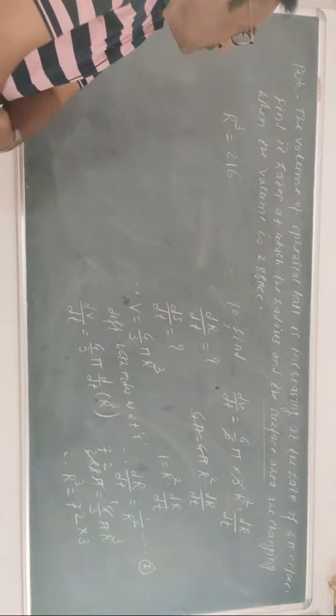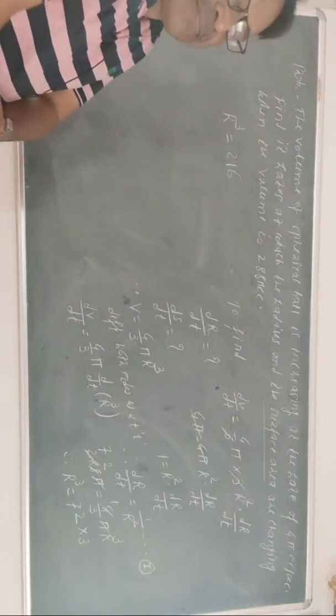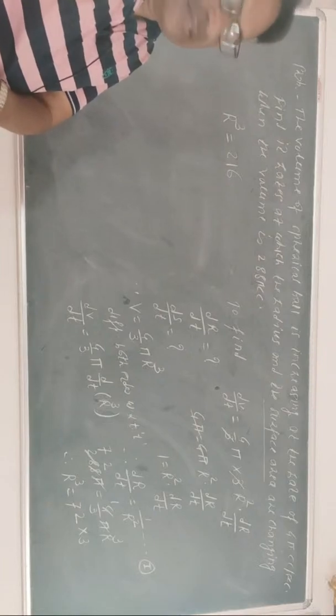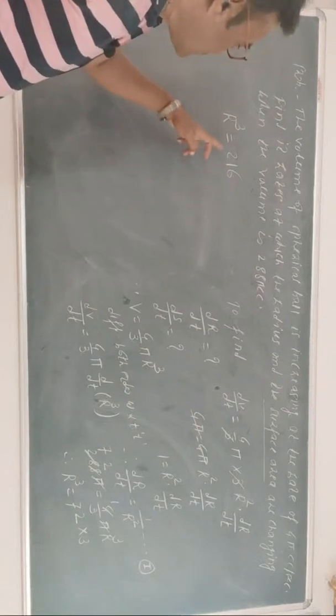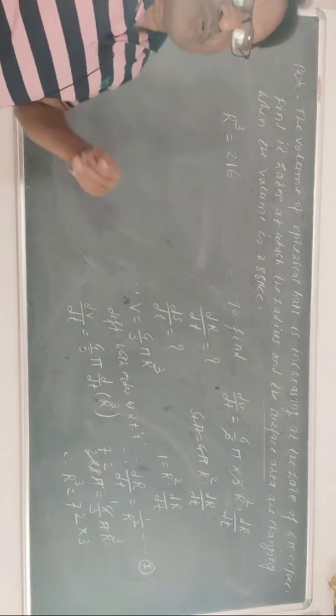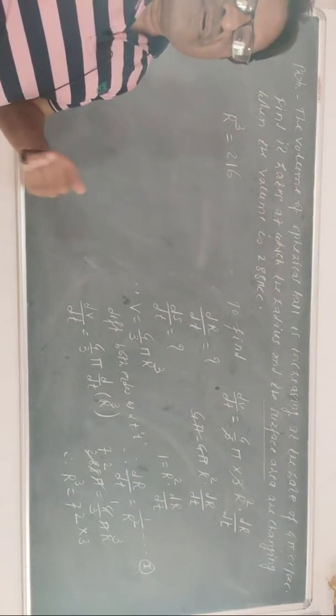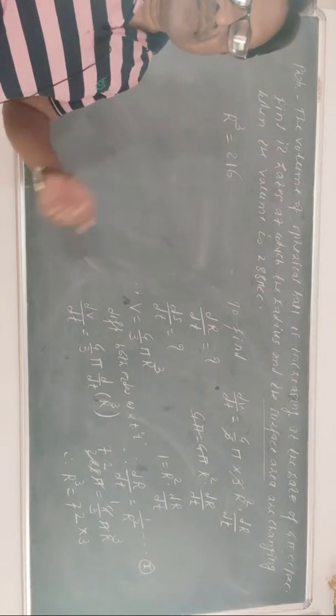Therefore r cube is equal to 216, and from this we find the value of radius r.